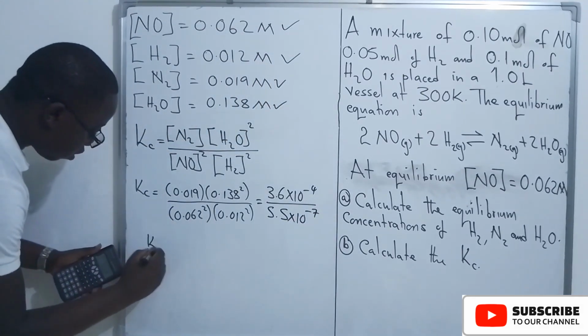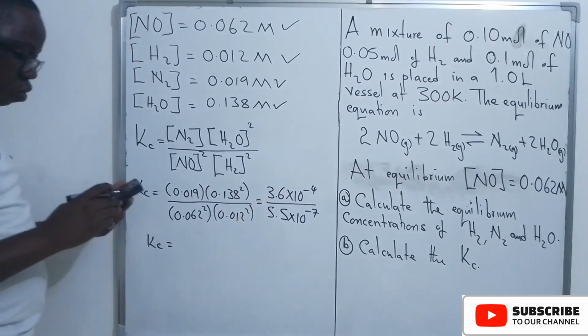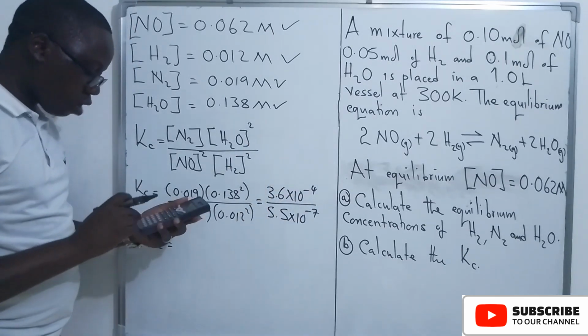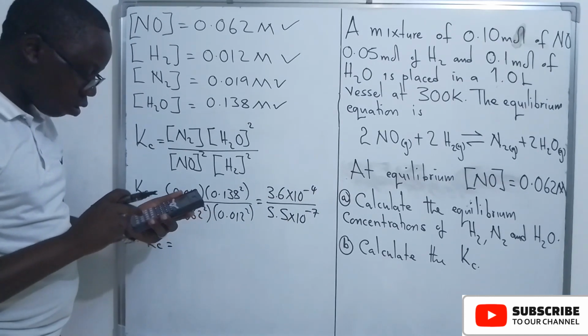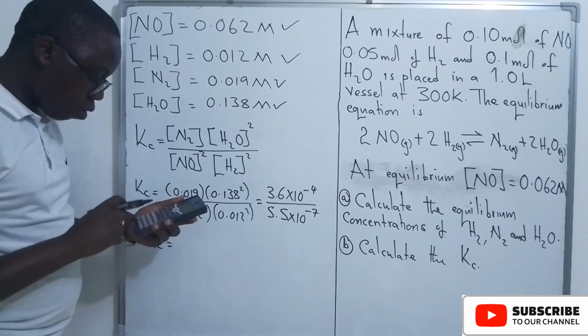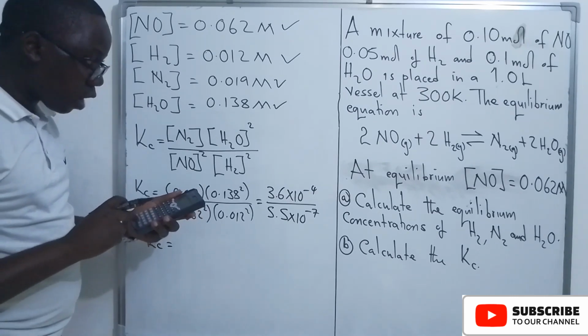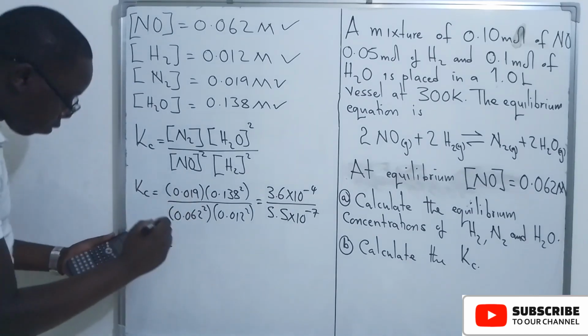So Kc is equal to dividing these two values. So the values that we have is 3.6 times 10 to the power negative 4 divided by 5.5 times 10 to the power negative 7. What is the answer?